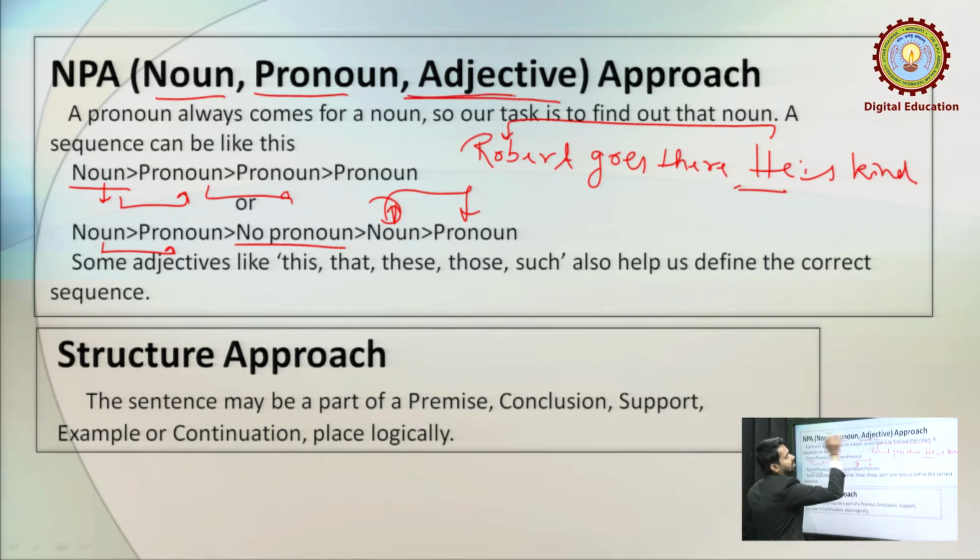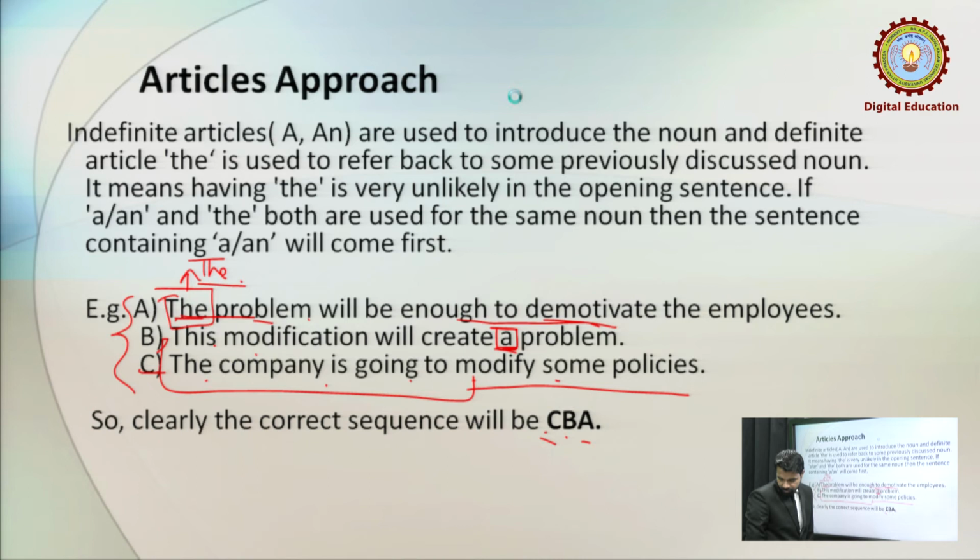Next we have adjectives. How can adjectives be helpful while solving these parajumbles? In the previous slide we have seen this modification. Modification is a noun here, this is an adjective here, a possessive adjective.